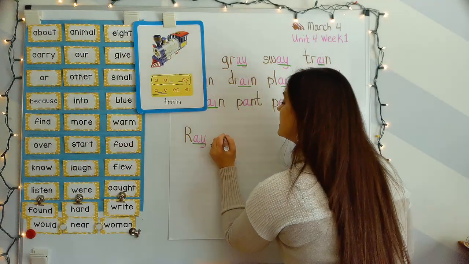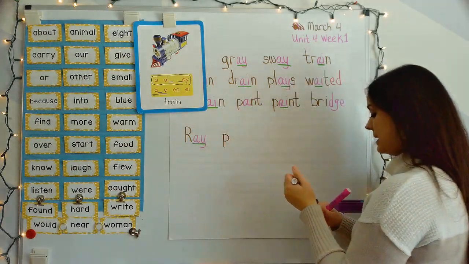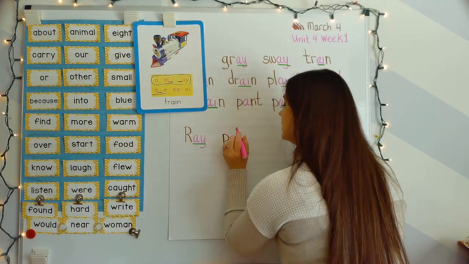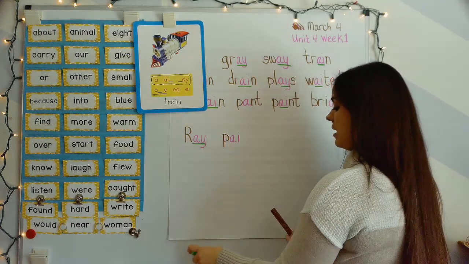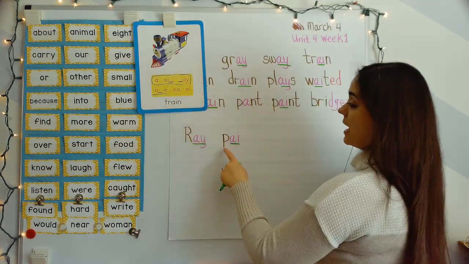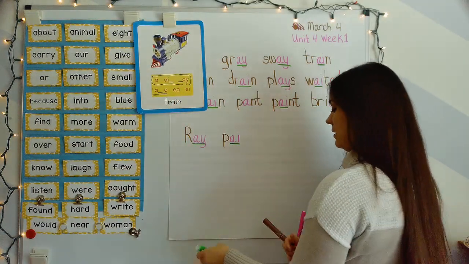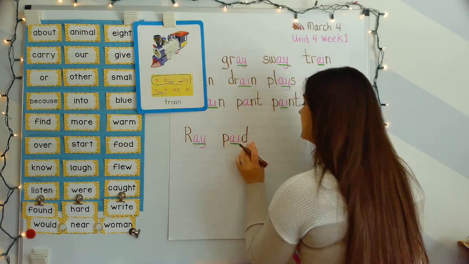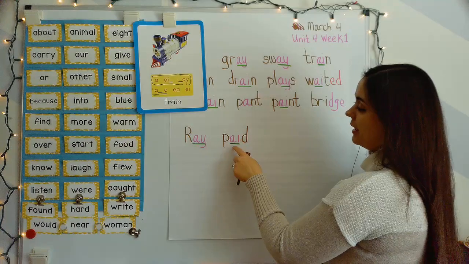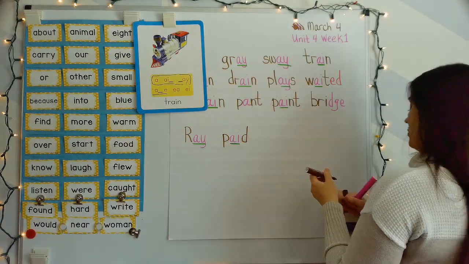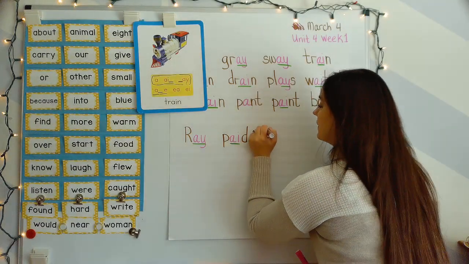Ray was in our sentence a few days ago. P says pa. A-I, another vowel team saying that long A sound. D says da. Paid. Ray paid. Ray paid what?